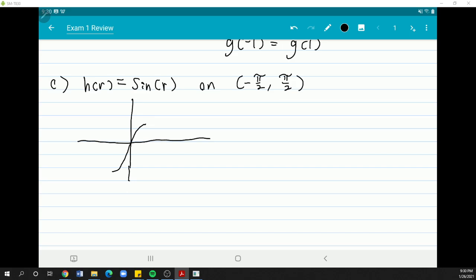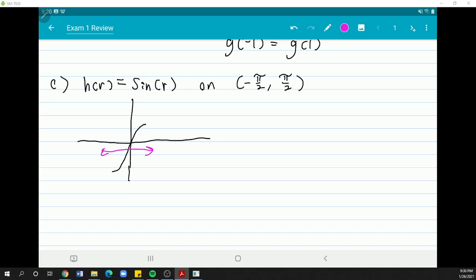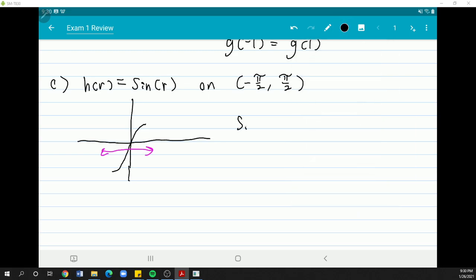So is this function 1 to 1? Again, draw any horizontal line you want, and at most, it can only intersect at one place. So sine of r is 1 to 1 on the given domain.